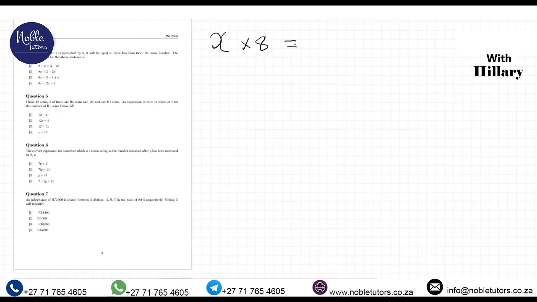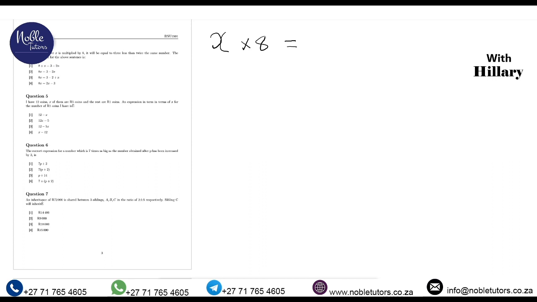That means twice the same number, which is x, is 2x. So if they say twice the same number, that's 2x, less 3.